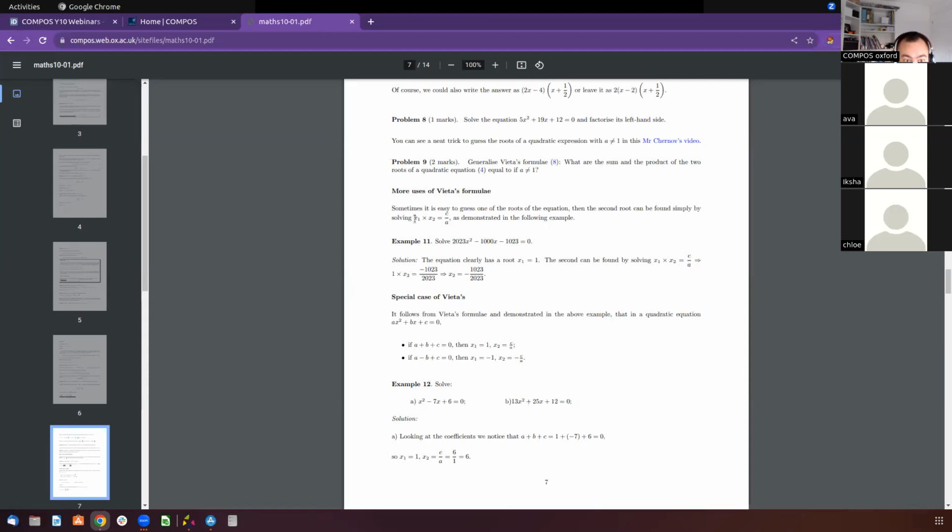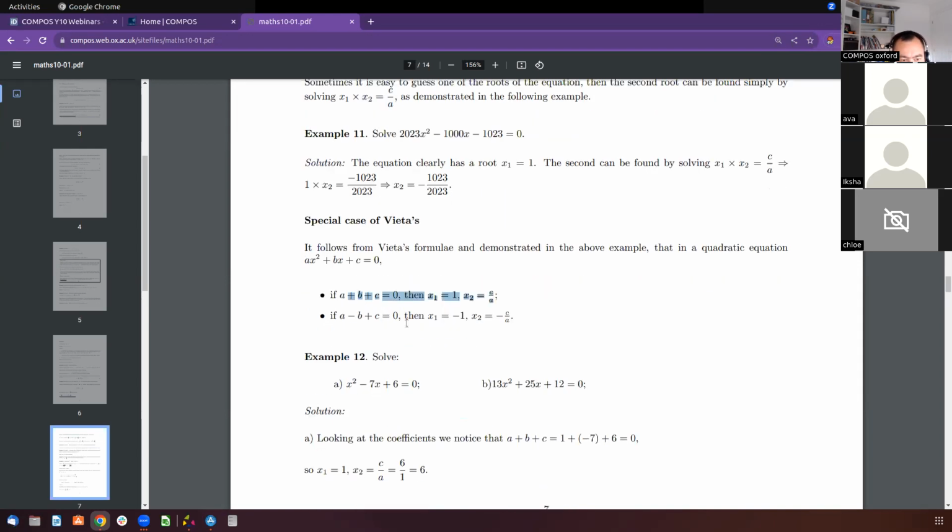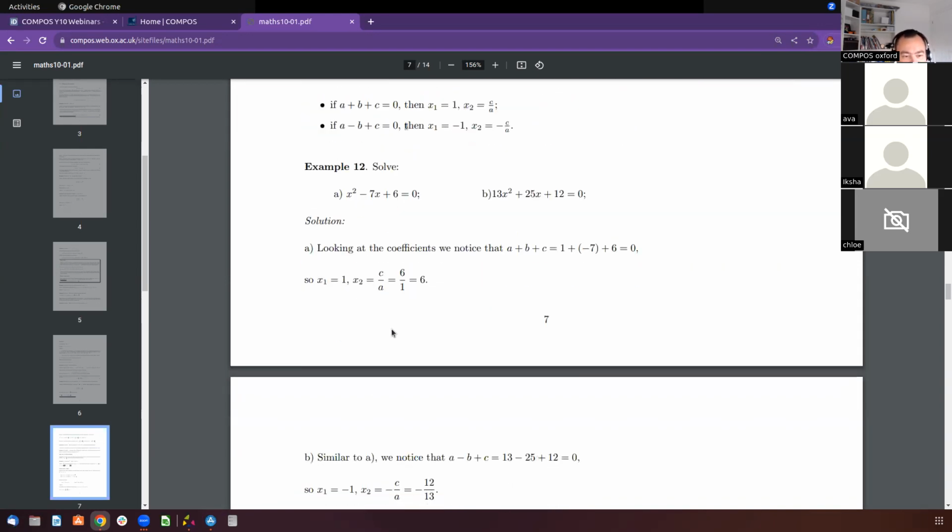It is one of the reasons: x1 times x2 equals c over a. Oh yes, and special cases, I have mentioned them in the paper.